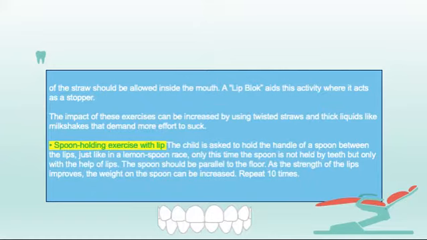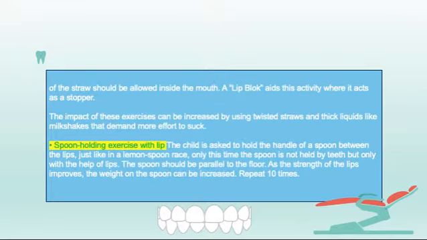If the straw is allowed inside the mouth, a lip block aids the activity, acting as a stopper. The impact of this exercise can be increased by using a twisted straw and a thick liquid like a milkshake that demands more effort to suck.